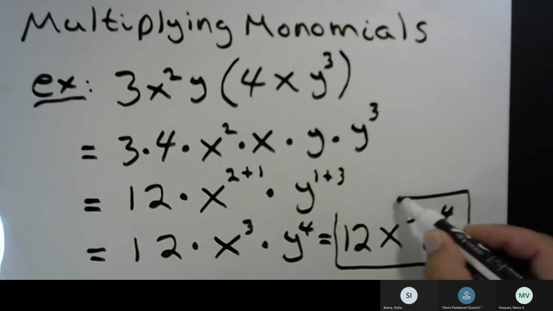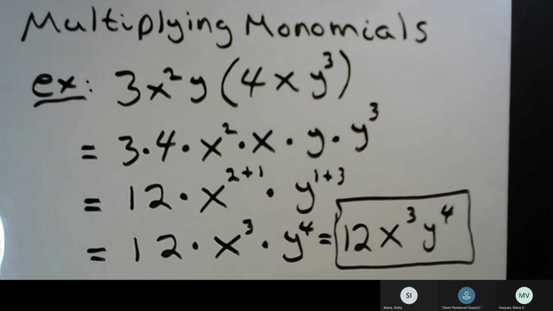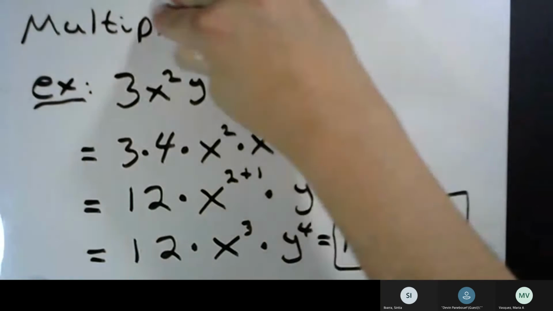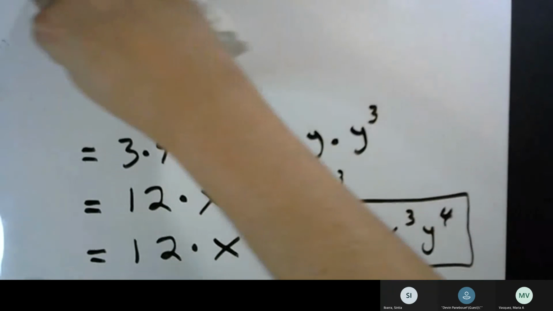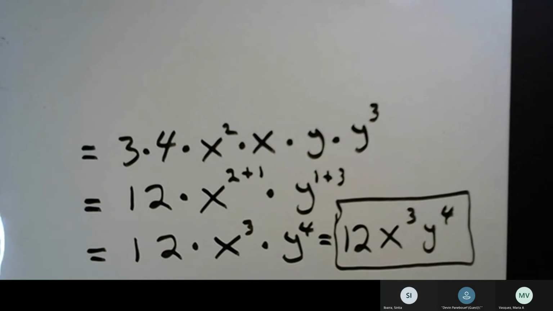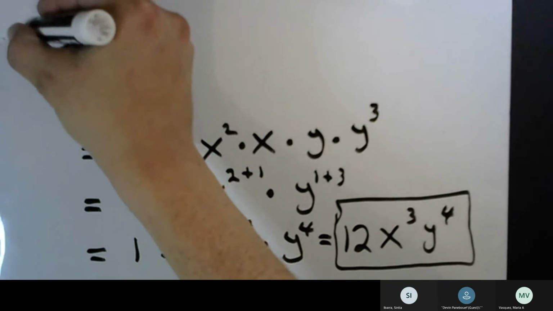Now, this kind of multiplication we've seen before. And what we're going to do with monomials is put them to work a little bit. We're going to now mix them up with polynomials. And what's going to happen here is we're going to need to do some distribution. So let's say we have something like this.